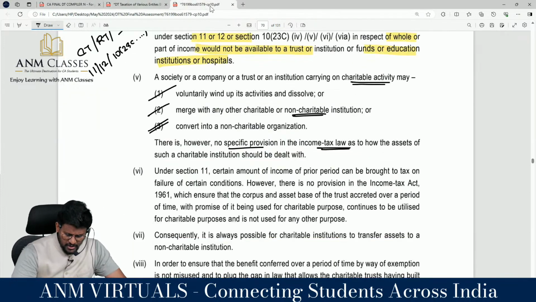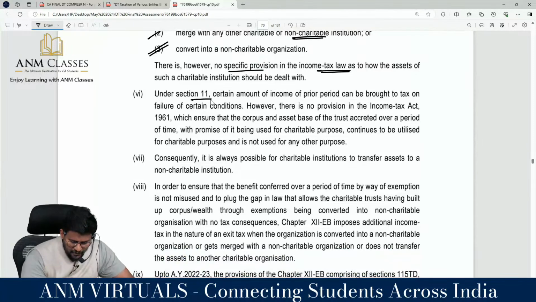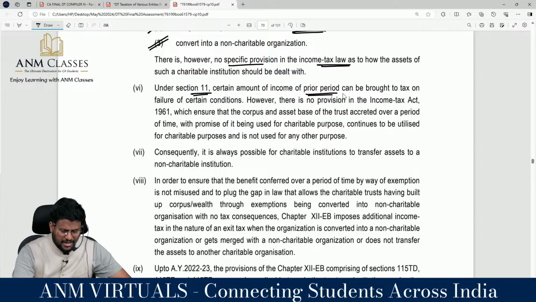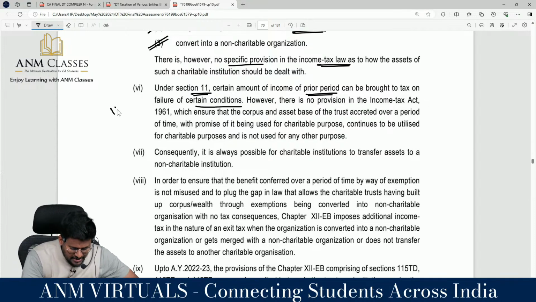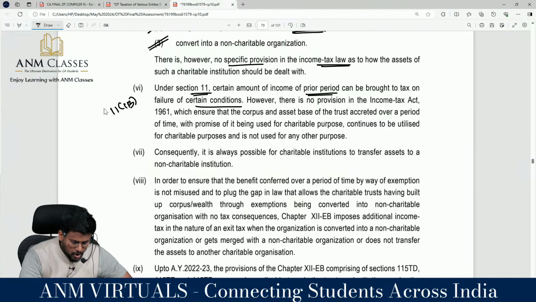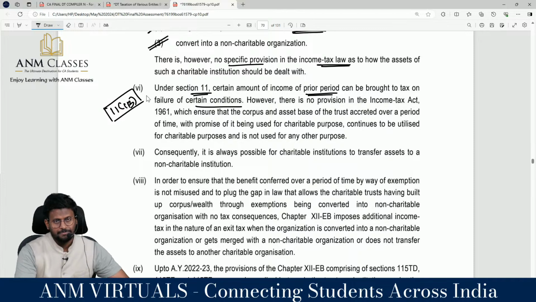So what they are trying to say is, under Section 11, a certain amount of income of a prior period can be brought to tax on failure to meet certain conditions. Yes, 11(1)(B). If you are accumulating in excess of 15% with a promise that I will utilize that amount for the purpose of charitable activity in India, and in the year of completion you are not able to utilize it, then the provisions of 11(1)(B) will apply.